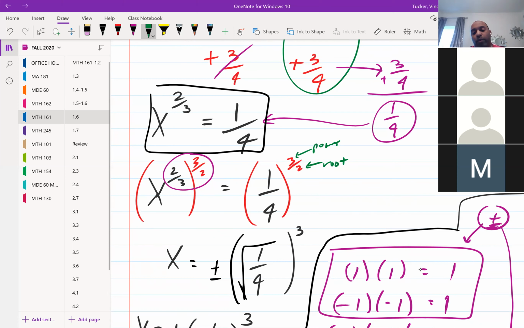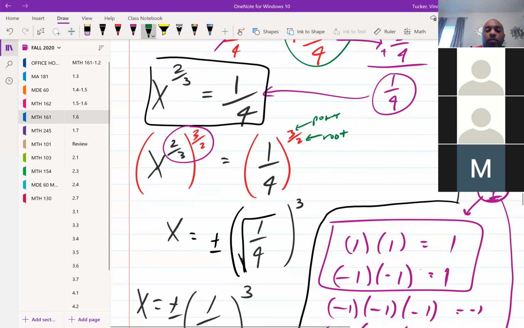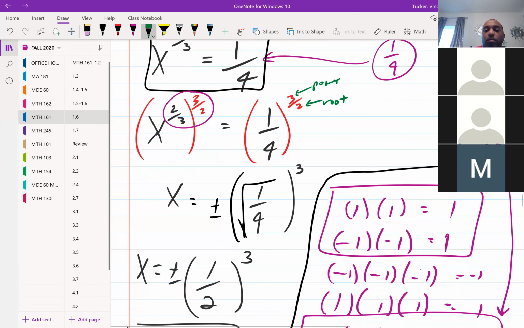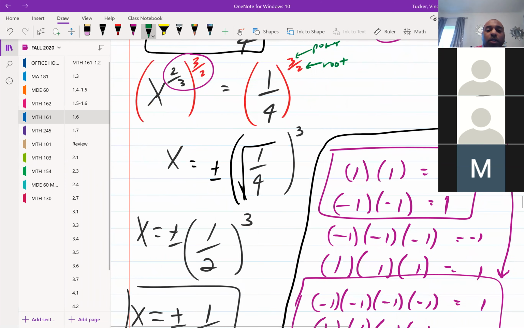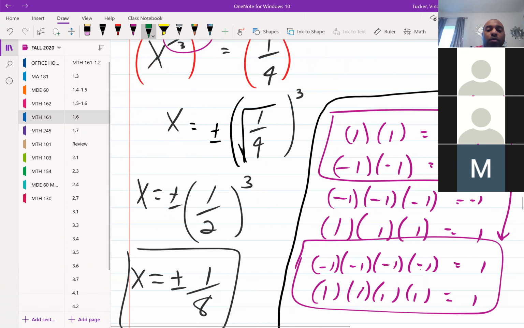That's why we did the square root of 1/4 and then we raised it to the 3rd power. So then the square root of 1/4 is 1/2. And then if you cube 1/2, that'll be 1/8. So we have plus or minus 1/8.